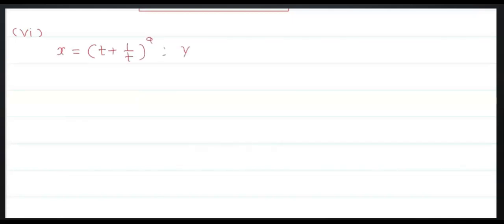x is equal to (t plus 1 upon t) raised to a, and y is equal to a raised to (t plus 1 upon t).